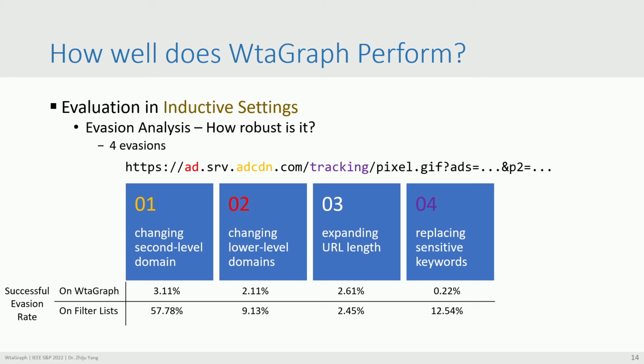For comparison, for the filter list, over 57% of the traffic can successfully evade the detection of the filter list. But it is reasonable because the filter list over here is more like rule-based. They have hard-coded domain names in their rules. So that's why if the trackers change their domain name, it is reasonable that they can evade those detections.